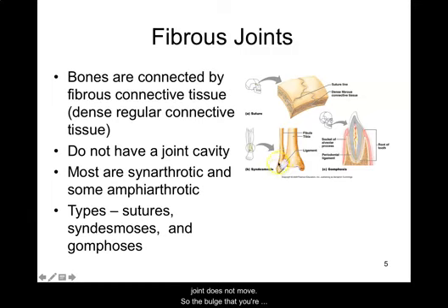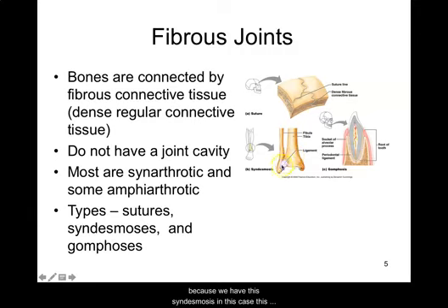So the bulge that you're seeing right here of the fibula, it's called the lateral malleolus. That is your outer ankle bump. So you know your ankle, there's a bump on the inside and a bump on the outside. This is that lateral bump of the ankle, and that guy never moves. It should not move adjacent to the tibia bone.